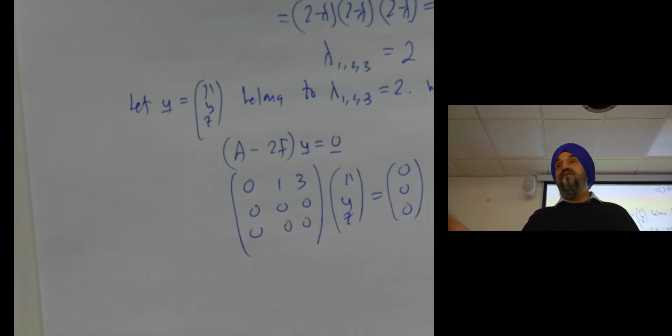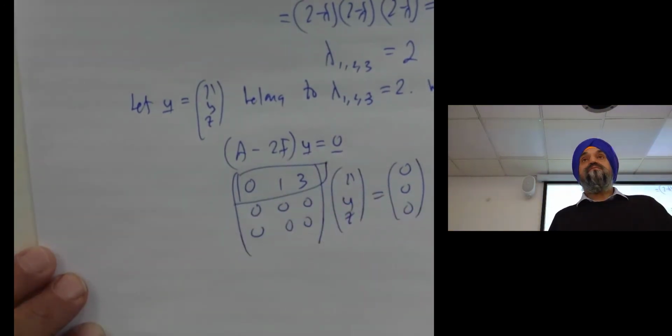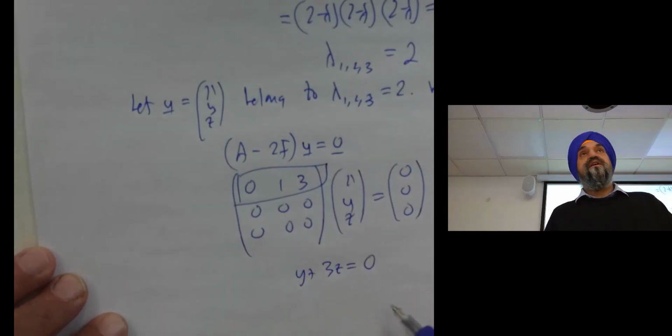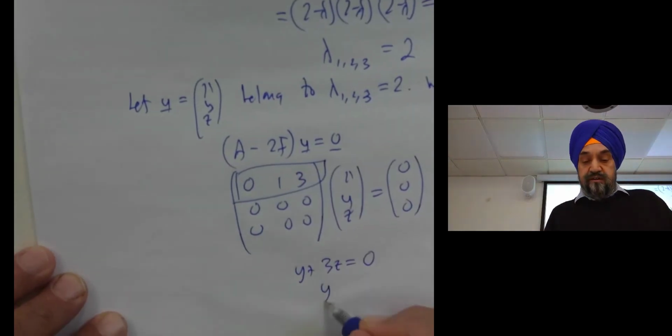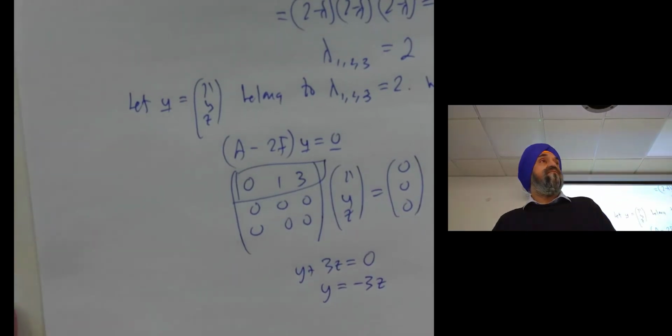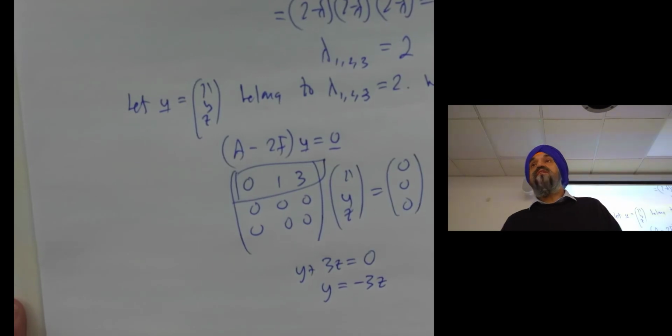You don't need matrix theory or eigenvalue arguments to see this. What if you expand the top row? What do you get? y plus 3z is equal to 0, so y is equal to minus 3z. What could z be? It could be anything apart from 0.